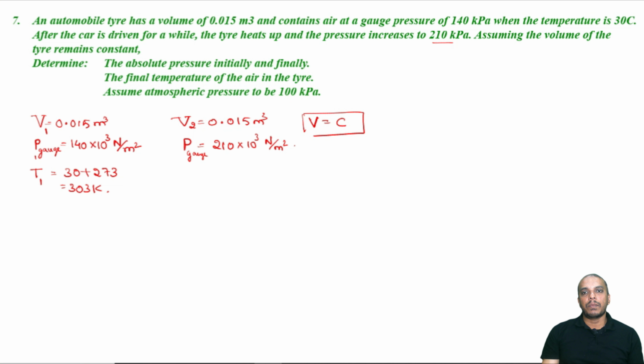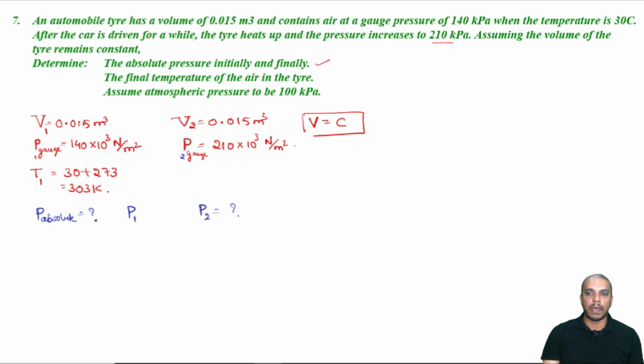Determine the absolute pressure initially and finally. So we are interested in finding out the absolute pressures. Of course, we want P1 and P2, so this is P2 gauge, P1 gauge.